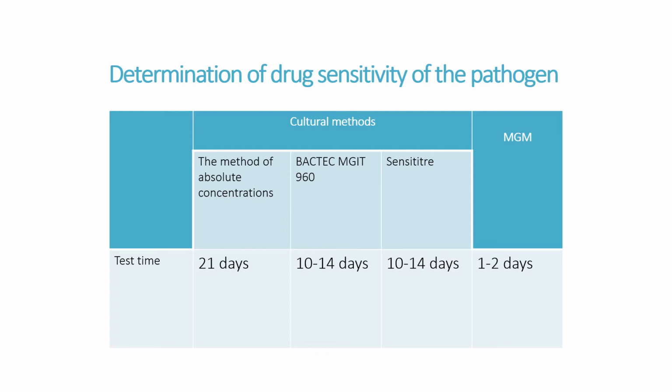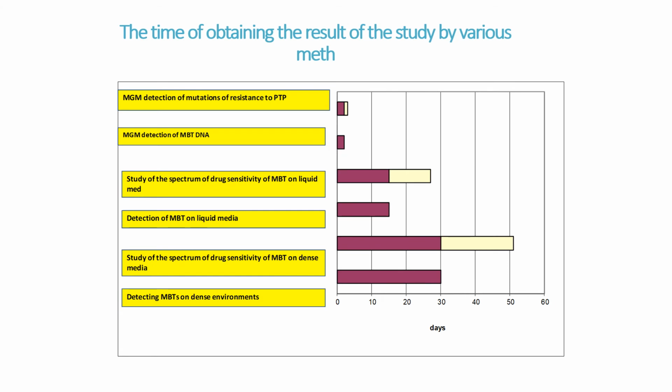Sensititre, 10-40 days, and for molecular genetic methods, about 1 or 2 days. As can be seen from the present diagram, the least amount of time is spent on molecular methods and the most time is spent on culture methods with thinning.